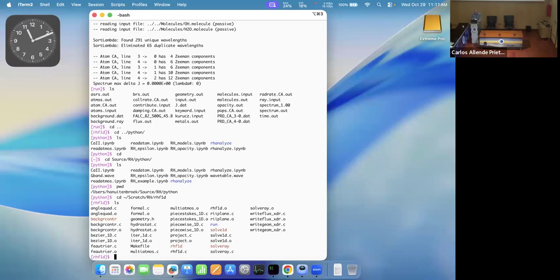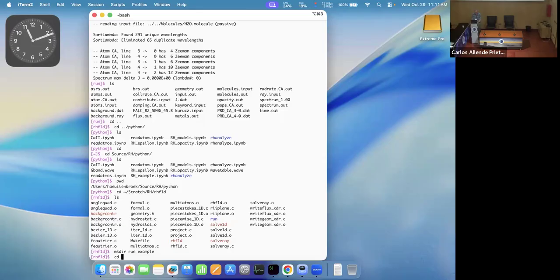By default, the code comes already with a run directory that has the example that we just ran after I downloaded the code. So what you would typically do if you wanted to calculate a different situation, you would make a directory, like for instance, example, and go into that directory.